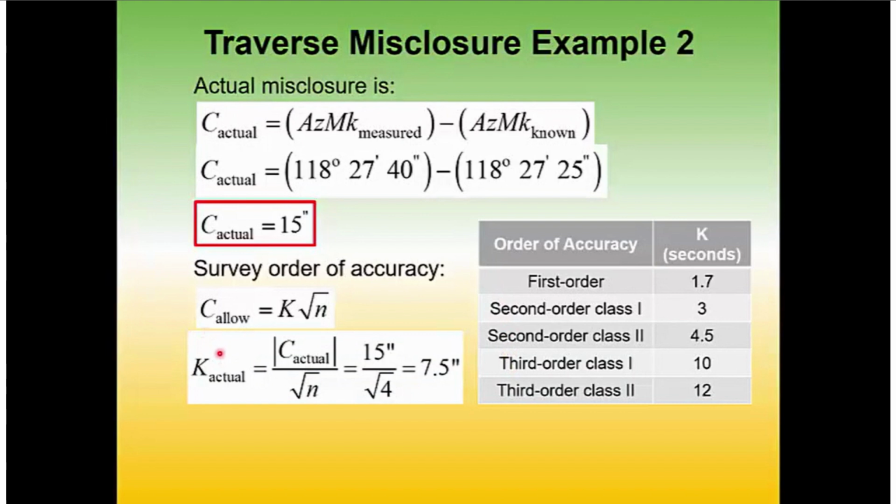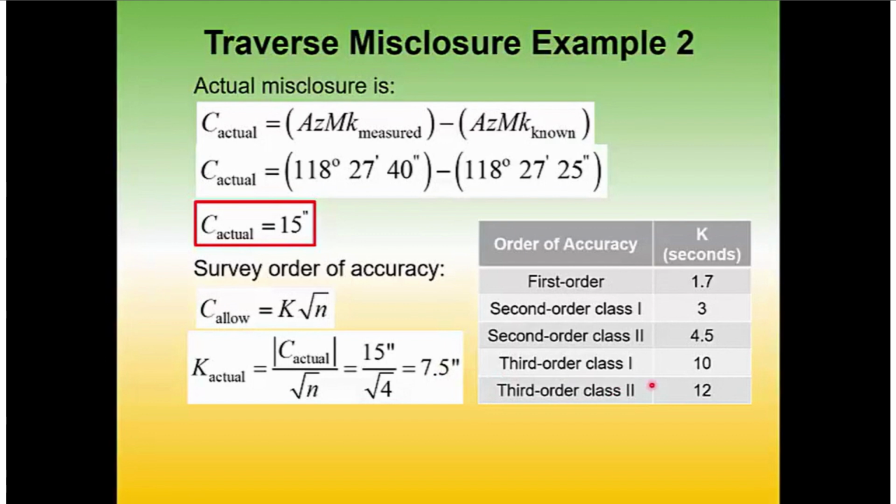And so our own K value for our survey is the actual C value, which was 15 seconds, divided by the square root of n, where n is the number of angles measured. So it's 15 seconds divided by, we had 4 angles measured in this case also, just like the polygon traverse problem. So it's 15 divided by 2, or 7.5 seconds.